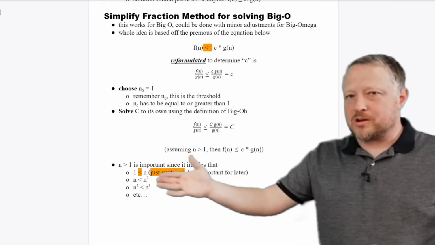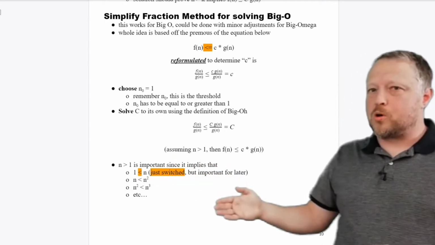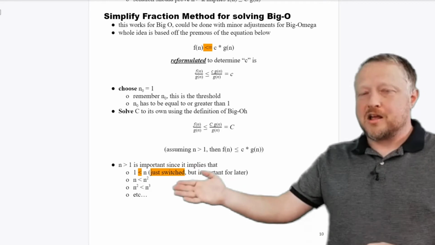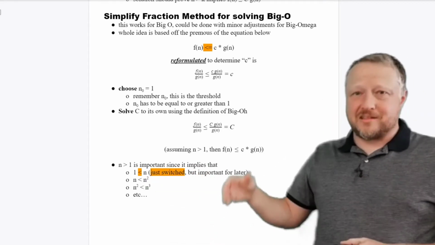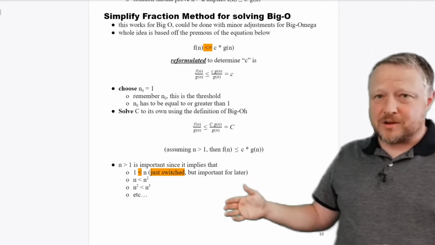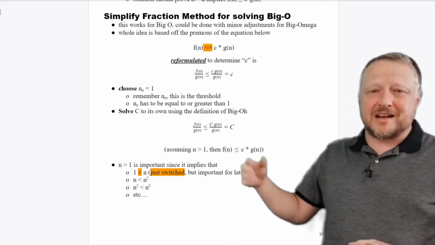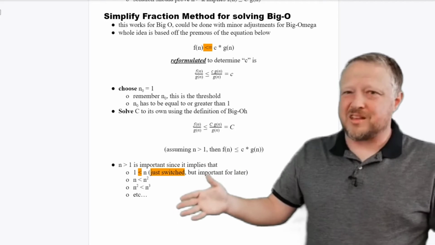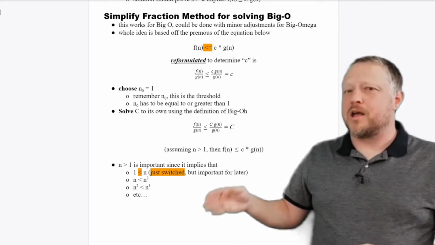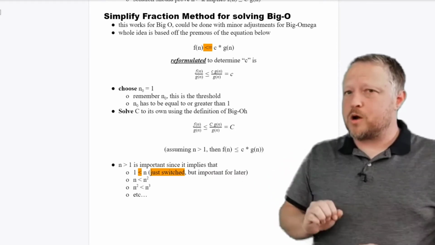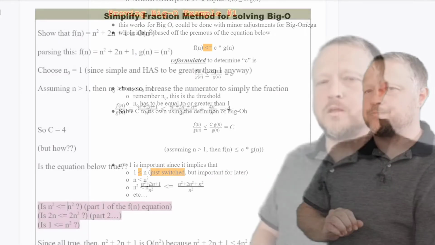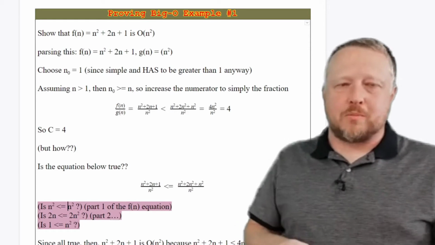That's important, since it implies that, and notice the signs are just reversed here, 1 is less than the number of data pieces, n, and n is less than n squared. The rest of the things you probably already know. I switched the signs here on purpose for a moment, so bear with me on that part. So here's our first problem.